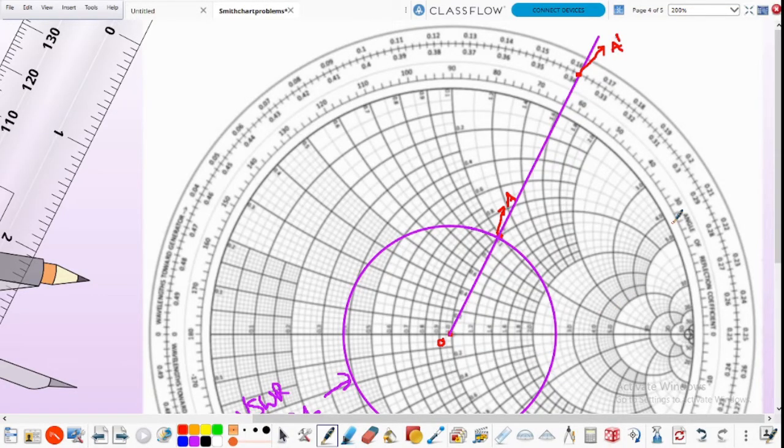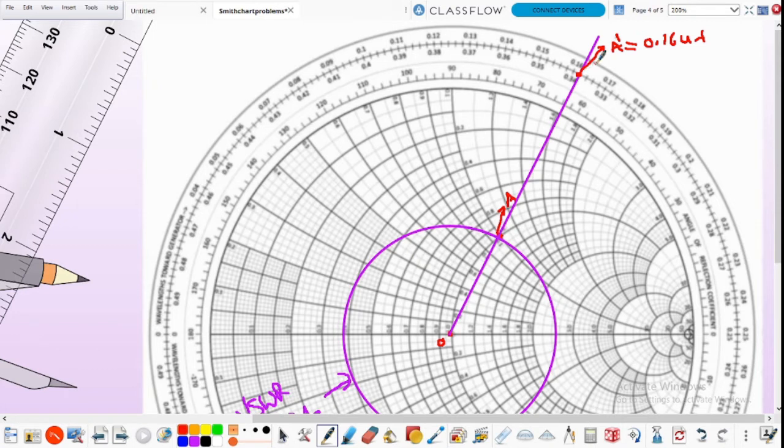A dash is equal to 0.164 lambda. Once again, draw a line OA and extend it up to the periphery of the Smith chart at point A dash.